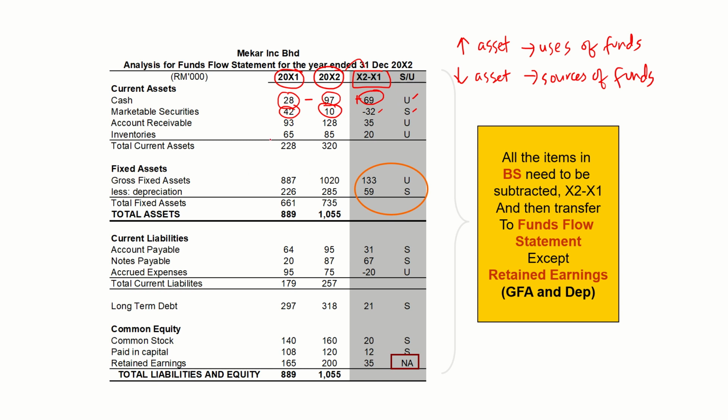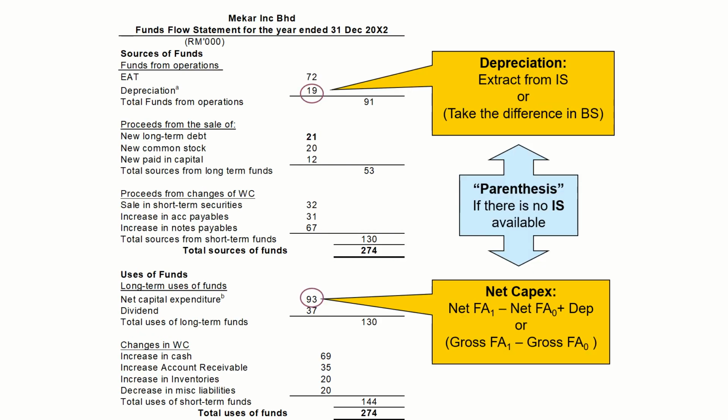Okay, we calculate each one of the items for current asset, fixed asset here, and then current liabilities, long-term debt, and also this. Then we put it in the fund flow statement.